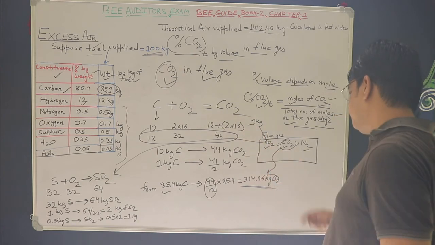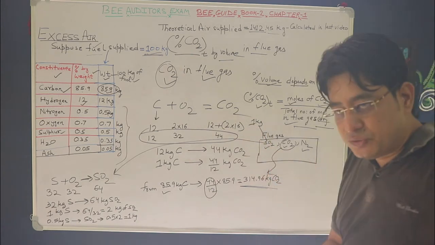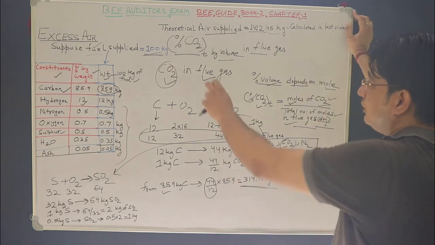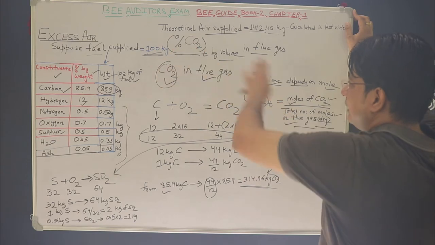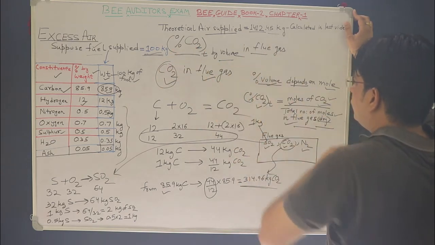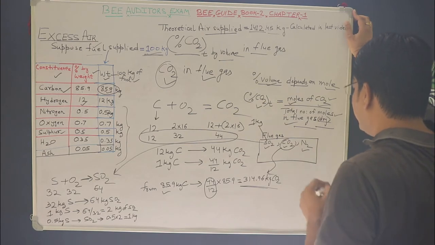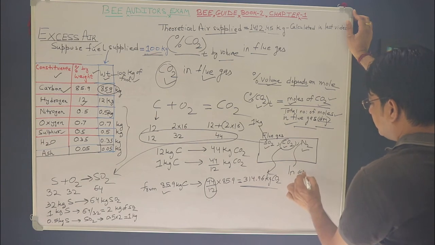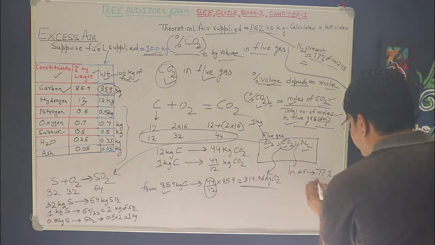And what about nitrogen? As I have already told you, nitrogen will not take part in any of the reaction. So we have already calculated that theoretical air supplied for combustion of 100 kg of this fuel is 1412.45 kg, and you know that the nitrogen in air is 77% by weight.